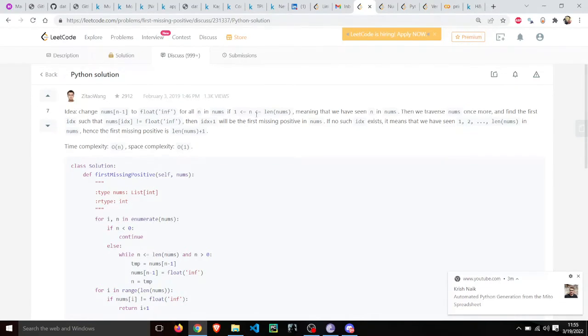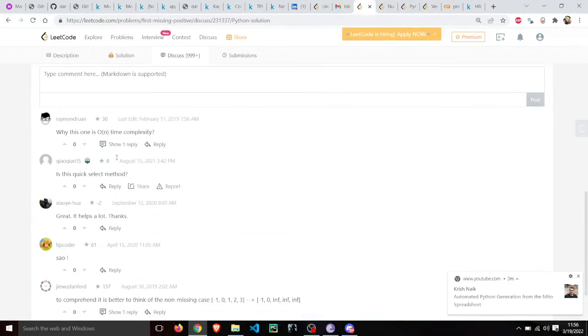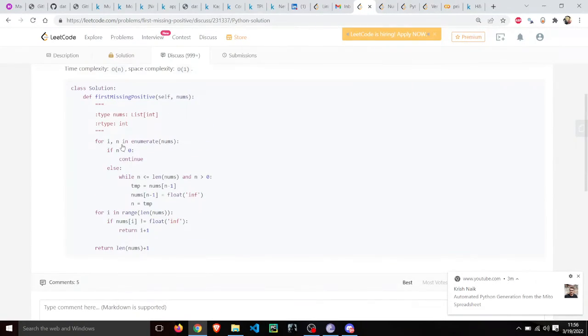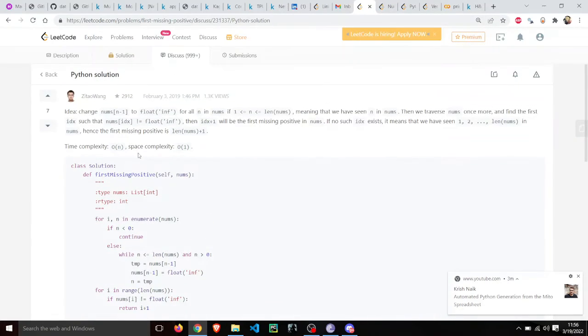If it's a valid number, meaning that we have seen n in nums, then we traverse. So how is this O(n) in time complexity? Okay, fine. I'm not able to understand this, so I guess let's leave it at that, guys.